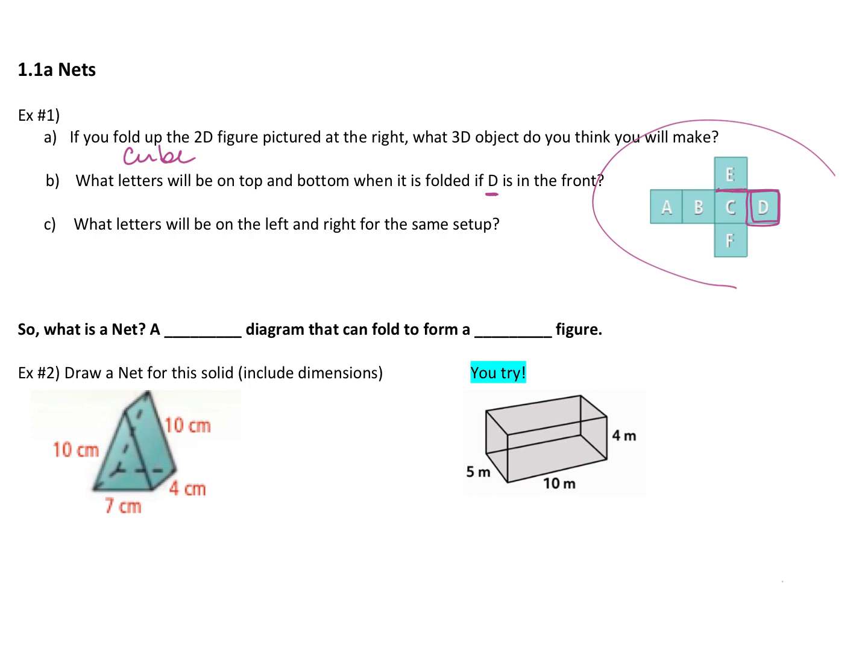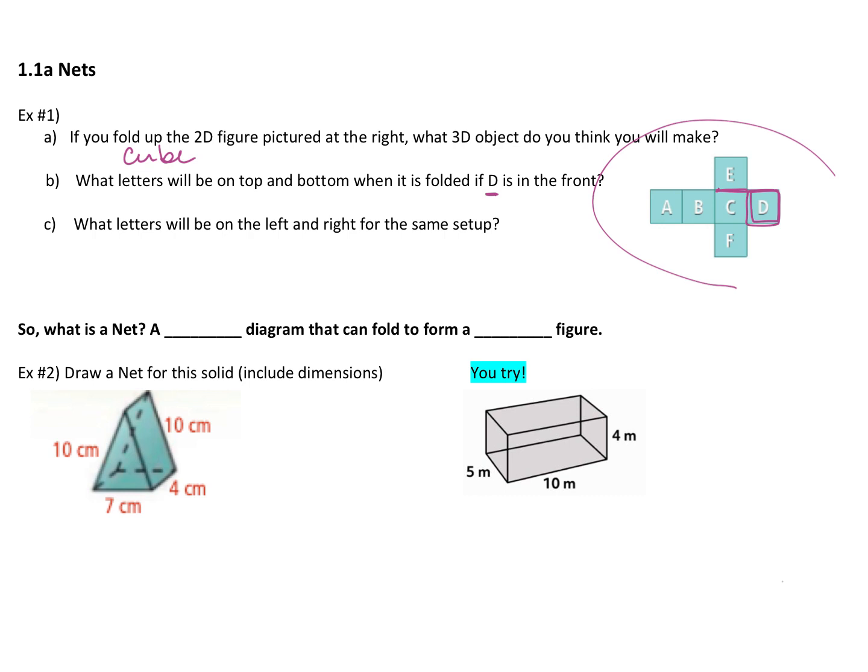So this is going to fold. It depends how you're looking at it. But if D is your front, okay, so let's think of it like this. This isn't the same cube. But let's say this is your front, my number 3, okay? So like this. That means if this is my front, when I fold it up, my top is the one above, my bottom is the one that's down below, right?